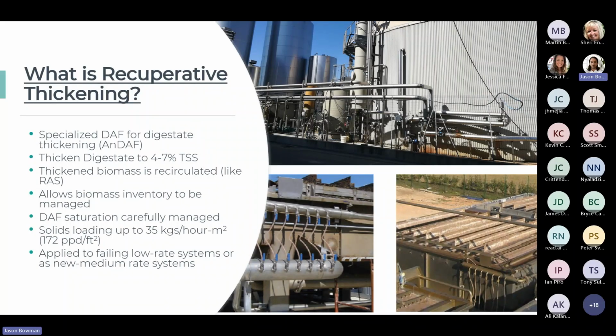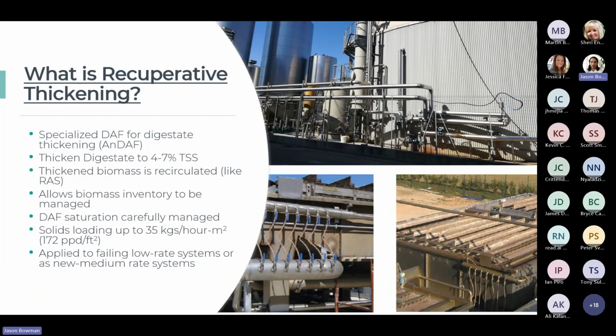We are utilizing a very specific dissolved air flotation system as an initial solids liquid separation step for digestates that is typically applied to lower rate digesters as a retrofit, or perhaps creating a new, let's say, medium rate digester. So basically taking an old school CSTR and putting a new twist, a slightly higher efficiency mechanism on that. One important note: recuperative thickening cannot be applied to all digester configurations, and I'll discuss why that's important in the coming slides.